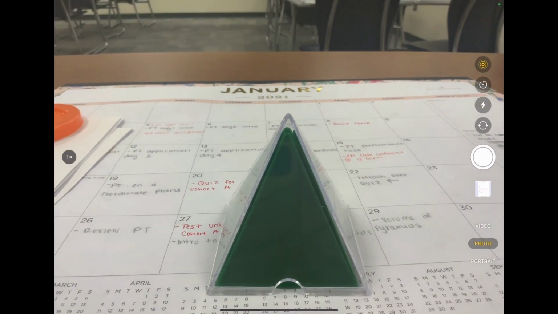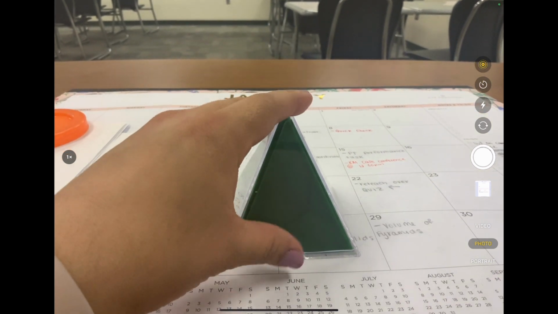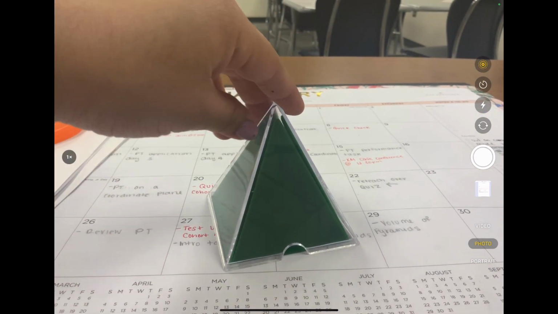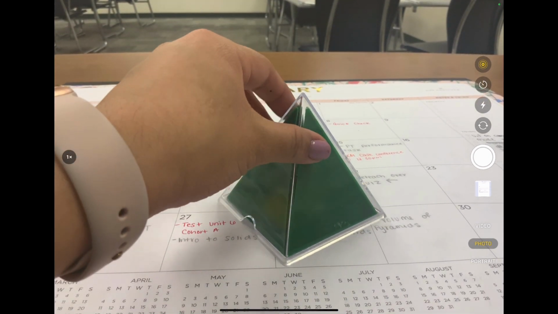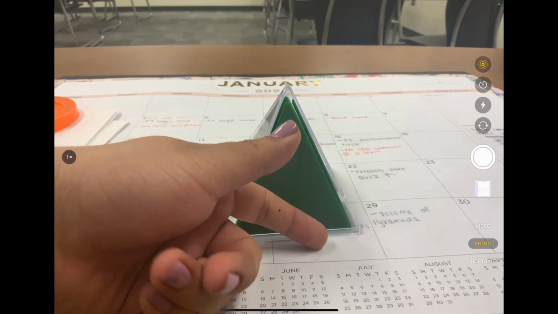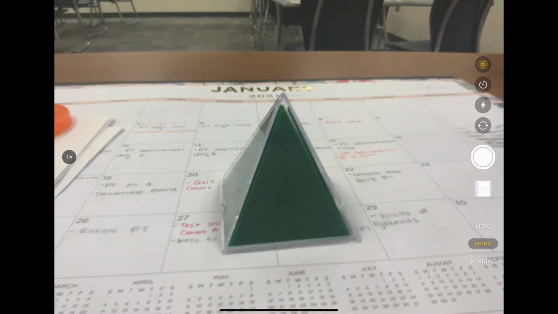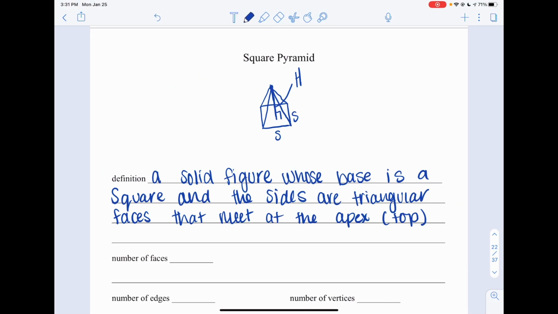And as I look at this, remember, we're looking at those flat surfaces. So here's one flat surface right here. This is flat. I have 1, I have 2, 3, and then 4. And we cannot forget about the bottom part, which is 5. So I have 5 faces, okay?